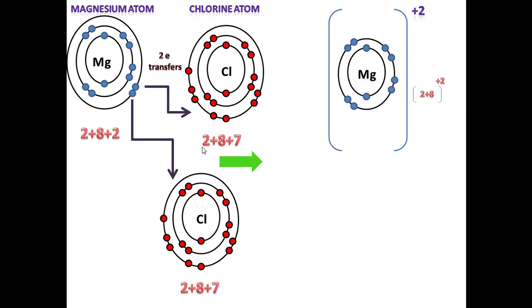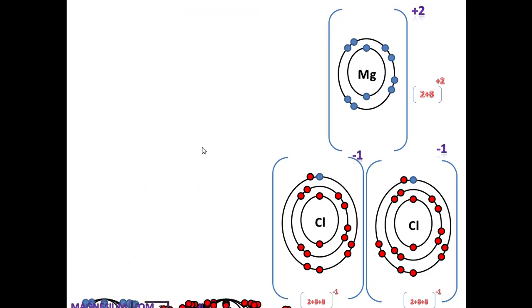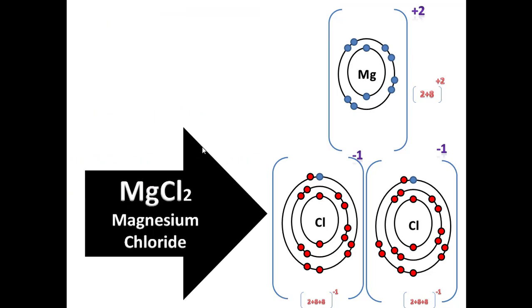Magnesium becomes magnesium ion with positive 2 charge, and both of the chlorine atoms become negatively charged and gained 1 electron each with a stable outer shell, and here we have magnesium chloride. Its formula will be like this: MgCl2, which means 1 magnesium atom with 2 chlorine atoms.